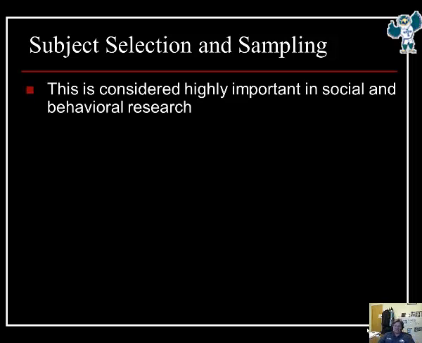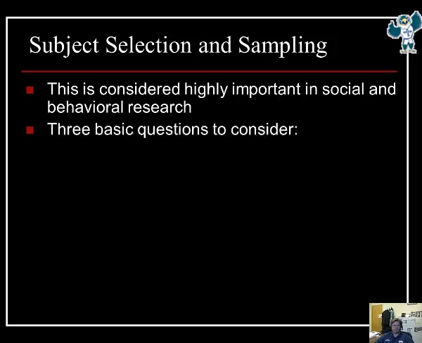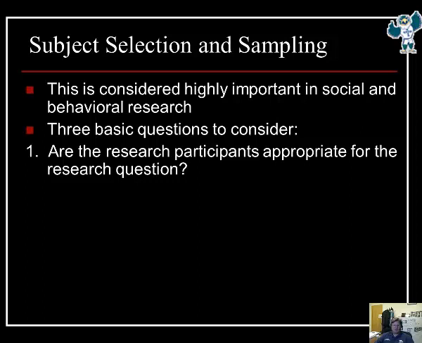So, subject selection and sampling is considered highly important in social and behavioral research, which is where we live in our fields. There's three basic questions for us to consider and what I want you to think of as we move through this lecture. Are the research participants appropriate for the research question?